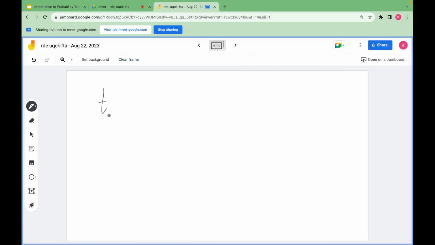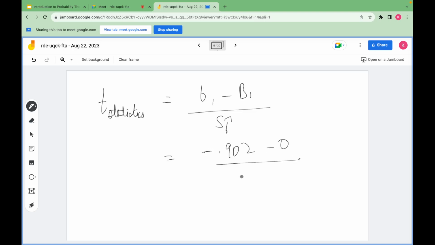We find our T statistic, which is b1 minus B1 divided by S_b1. This is minus 0.902 minus 0 divided by 0.1737. This value comes out to be minus 5.193.